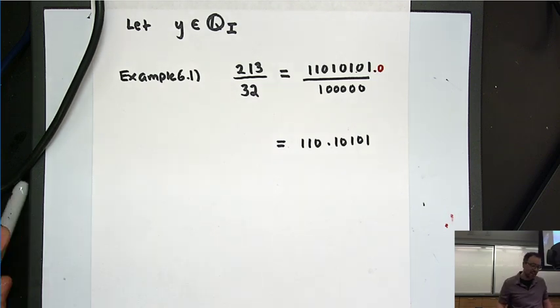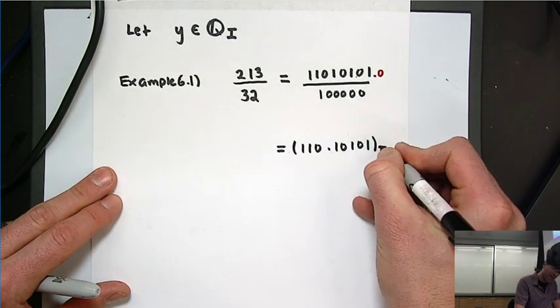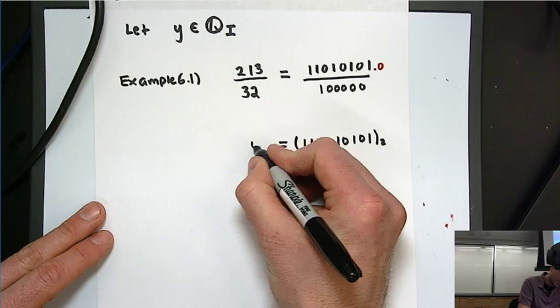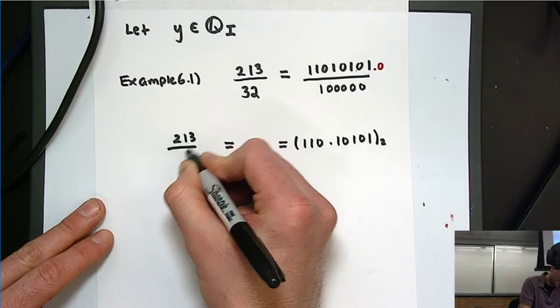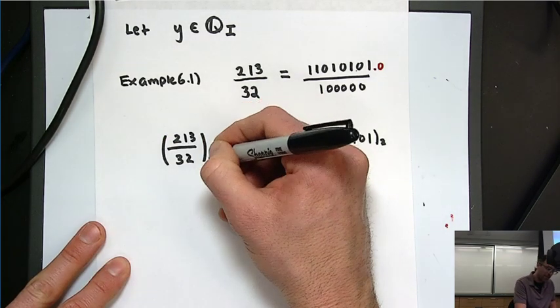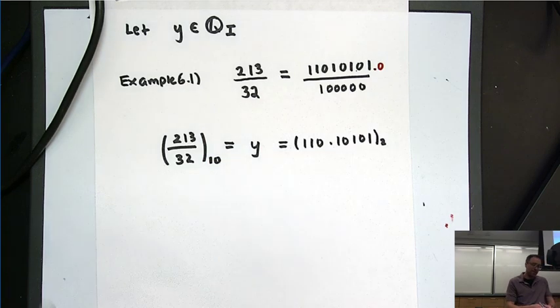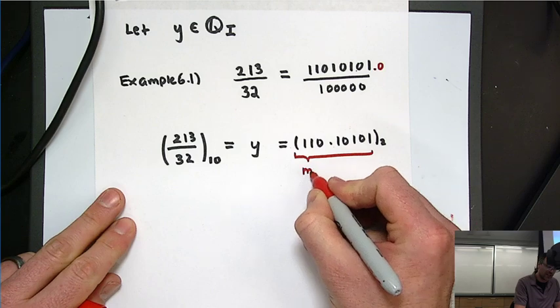So this thing right here, we're going to call this y. The fractional representation of y is going to look like this. This is a math object. So this thing exists in our mind.